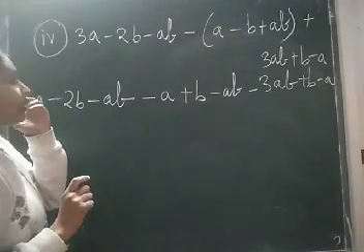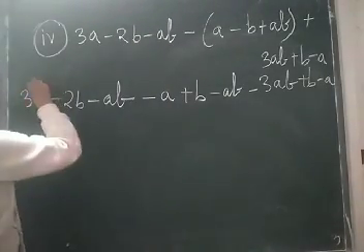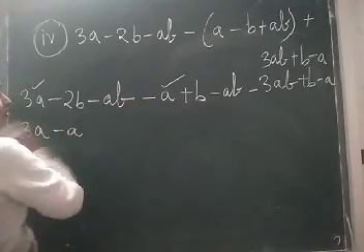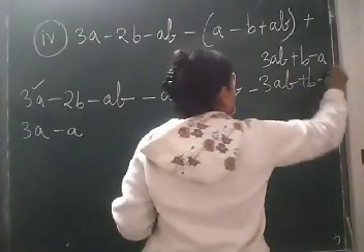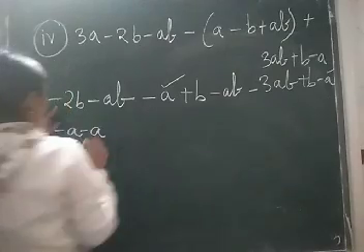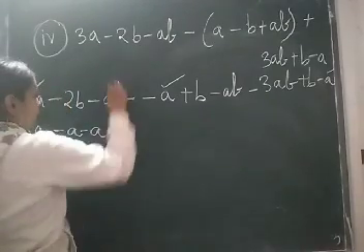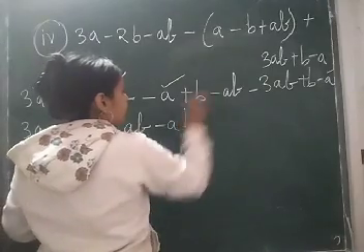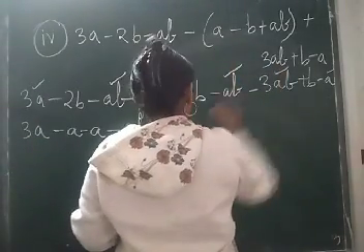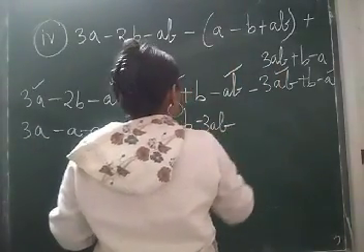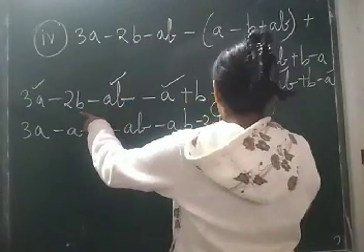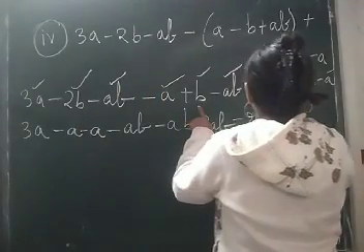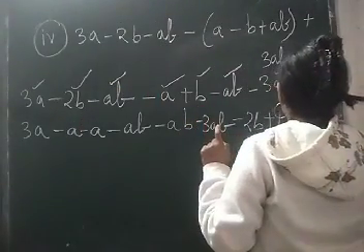So we collect the like terms. 3a, minus a, minus a. Then ab terms: minus ab, minus ab, and minus a. Then the b terms: minus 2b, plus b and plus a.